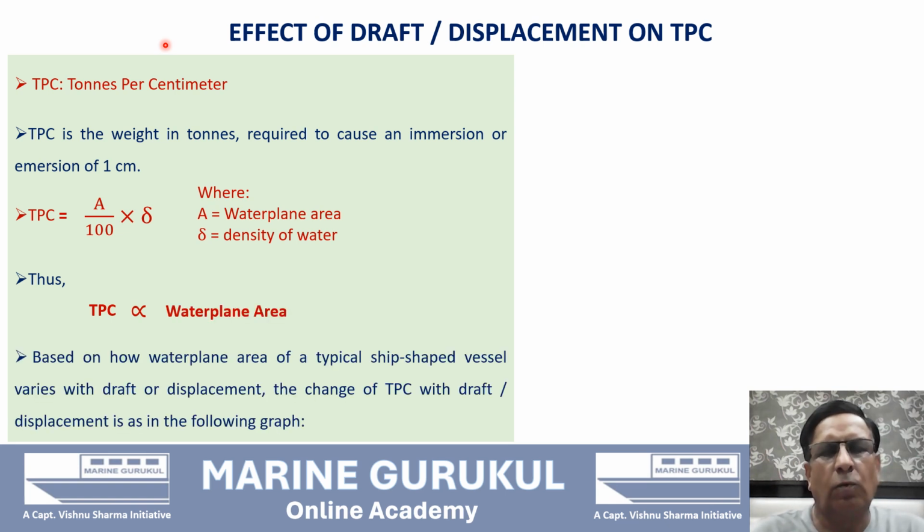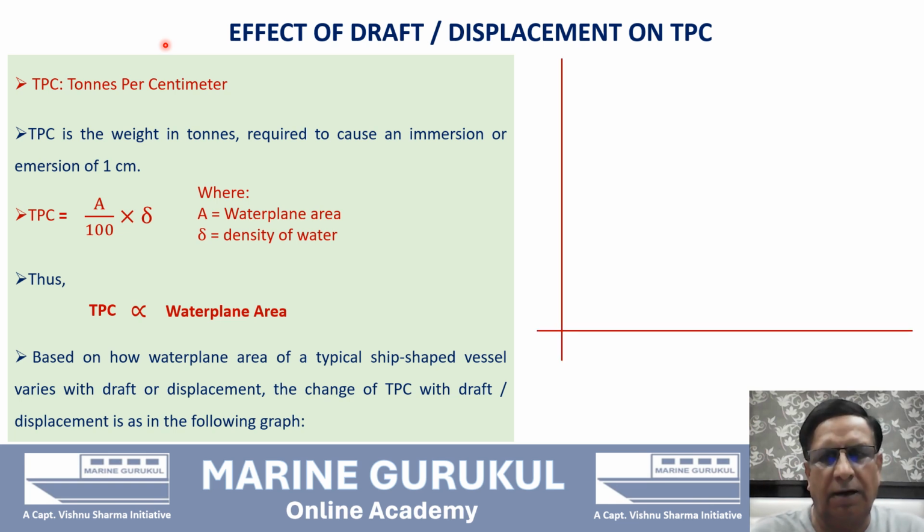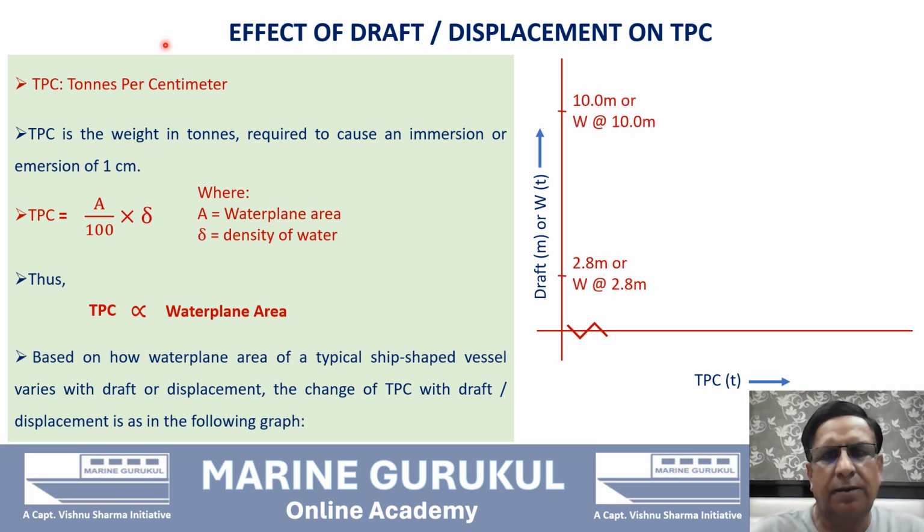Based on how the water plane area of a typical ship-shaped vessel varies with draft or displacement, the change of TPC with draft or displacement can be shown in the graph as follows. On the x-axis, we have TPC in tons per centimeter. On the y-axis, we have draft in meters or displacement in tons, and it varies something like this for MV Hinship.